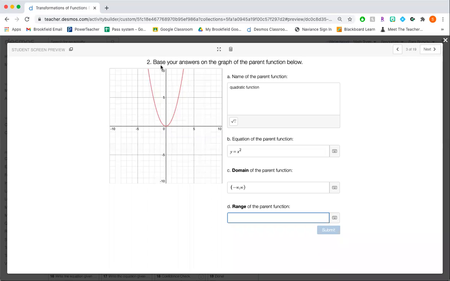If not, my range is my lowest y value here, which is 0. And then this is going to go up forever, so towards infinity. So this is going to be 0 to infinity, including 0. So that would be my range.